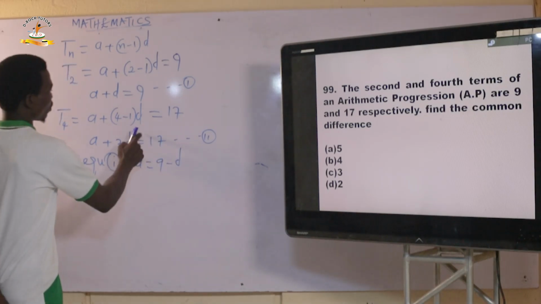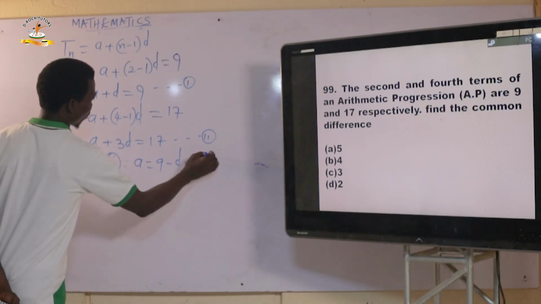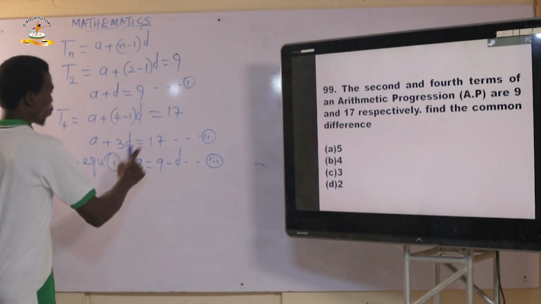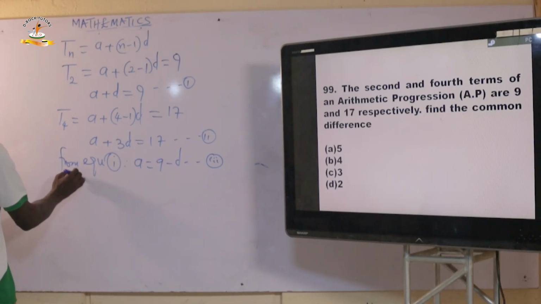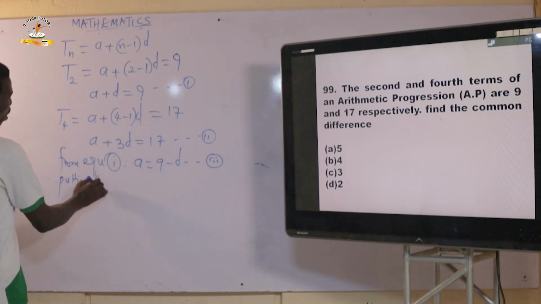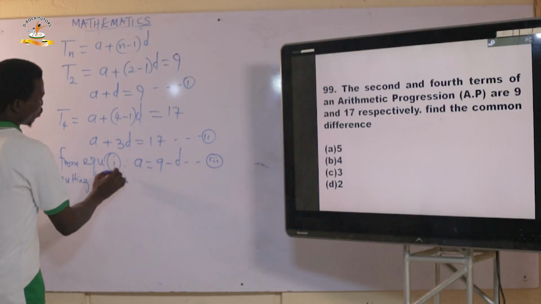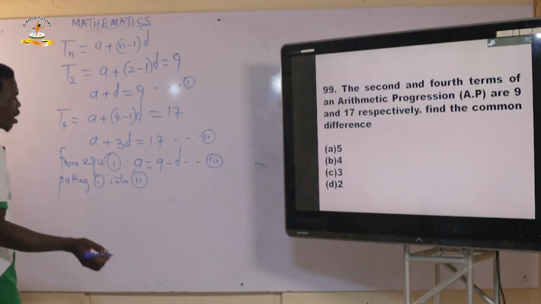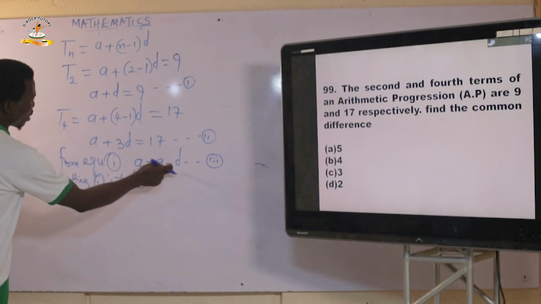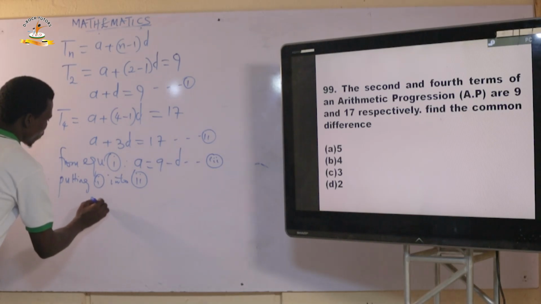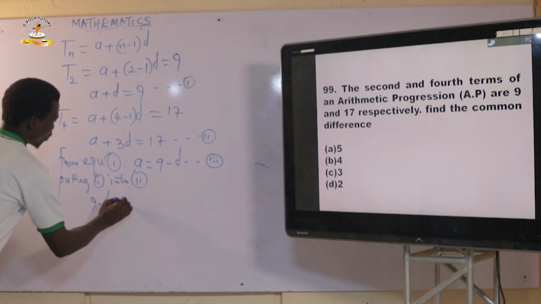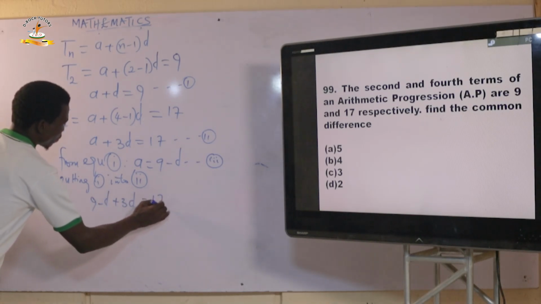Let's call it equation 3. And we put equation 3 into equation 2. Instead of writing a, we write 9 minus d. So 9 minus d plus 3d equals 17.